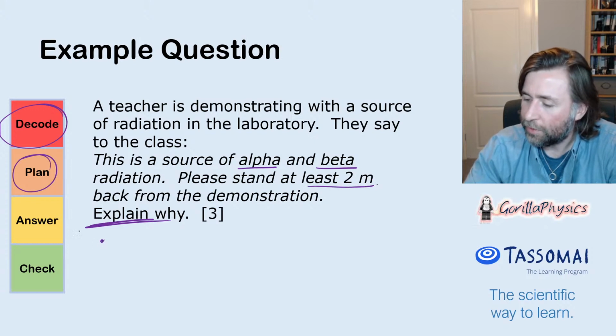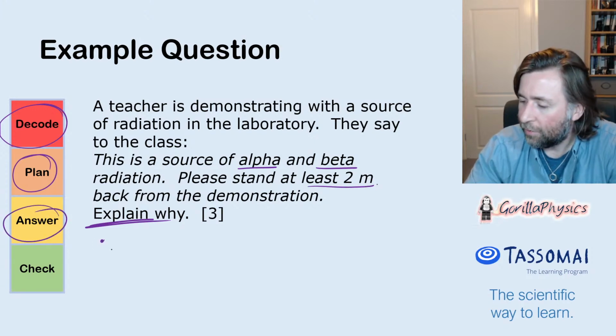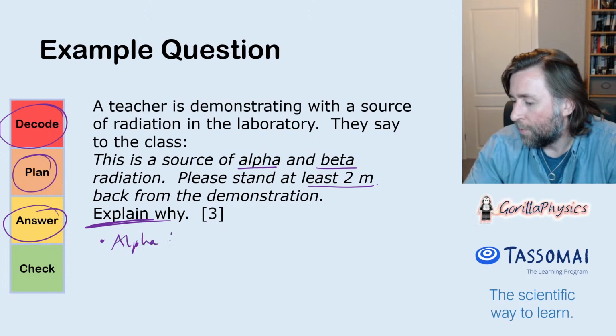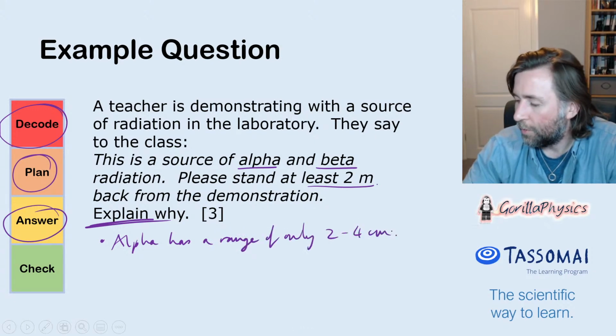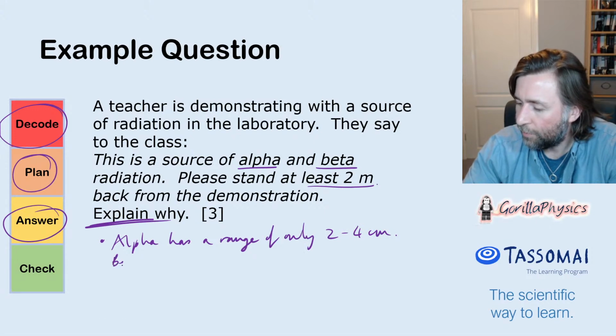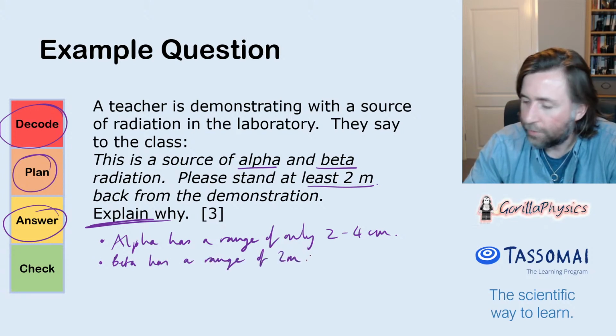Well, first point, let's start answering now. We can do this. Alpha has a range of only 2 to 4 centimeters. Okay, and beta, let's go for that as a second point, has a range of 2 meters.